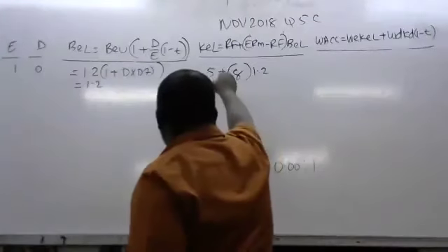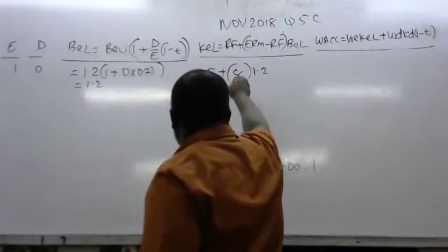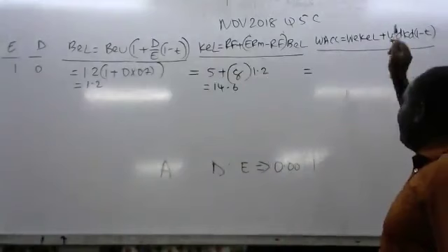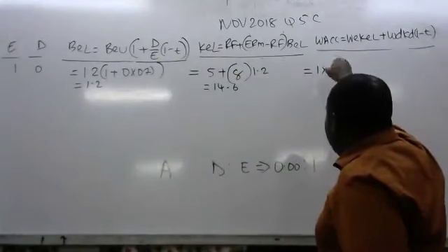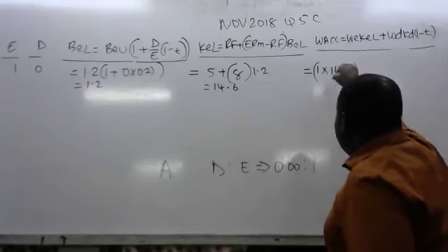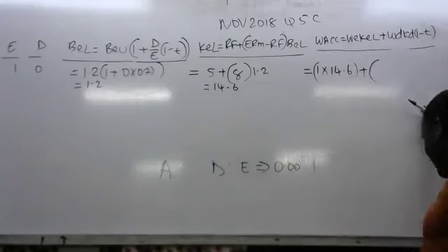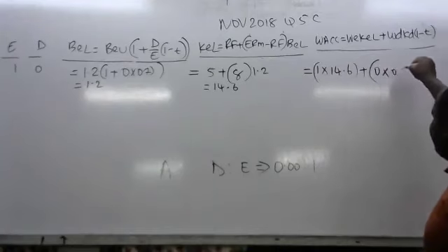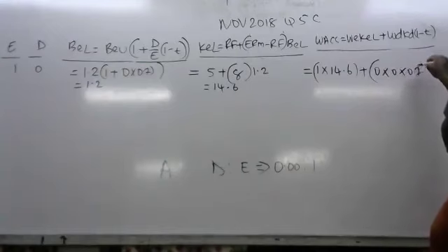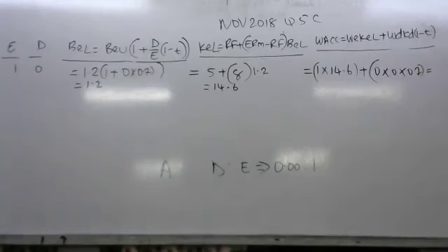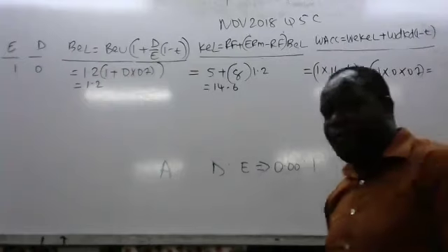So for the WACC, the weight for equity will be 1 multiplied by 14.6. Then the weight for the debt is 0. Cost of the debt is also 0. So it will definitely just remain 14.6 because there is no debt at that level.